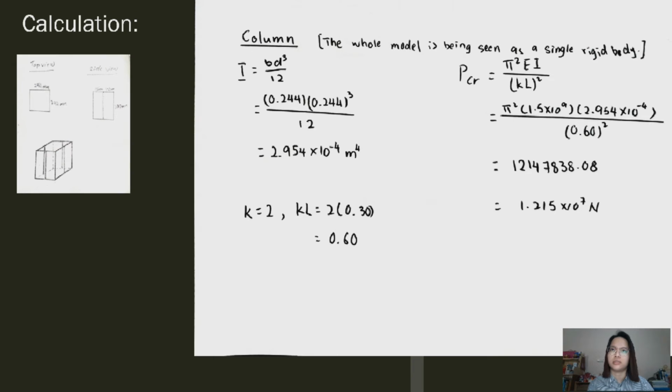And next is P critical, which is the critical load, and the formula is pi squared E I divided by K L squared. E is the modulus of elasticity, I is the moment of inertia, K is a constant depending on its end-type support, in this case is 2, and L is the actual length of the column, or in this case the height of the whole model.